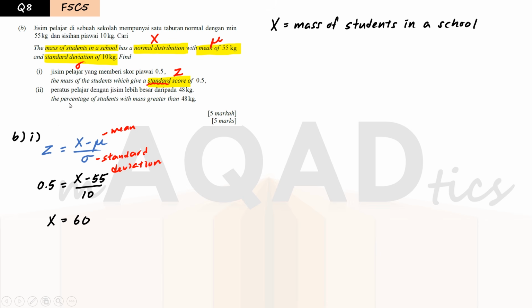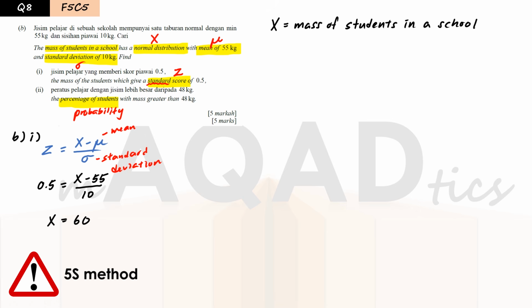And for part 2, we need to find the percentage of students with mass greater than 48 kg. Before we find the percentage, let us find the probability first: the probability where the student has a mass greater than 48 kg. To solve any kind of normal distribution question, we are going to use the 5S method.